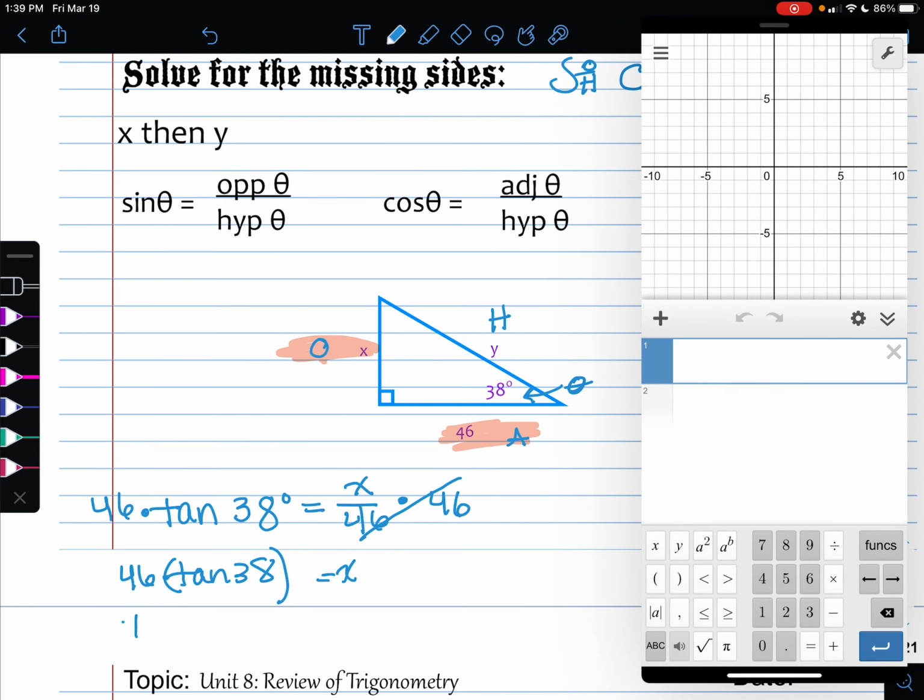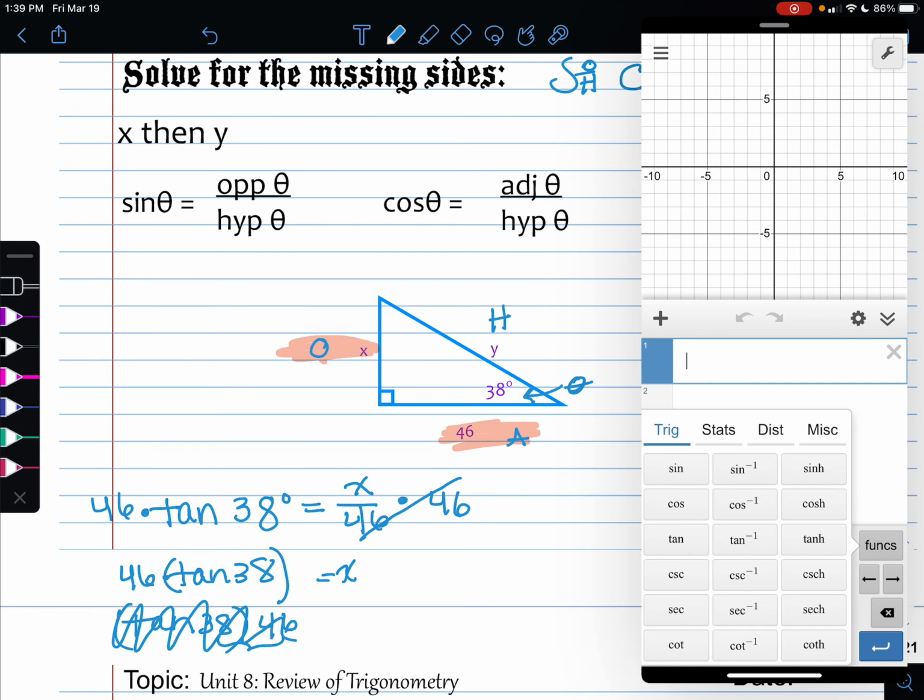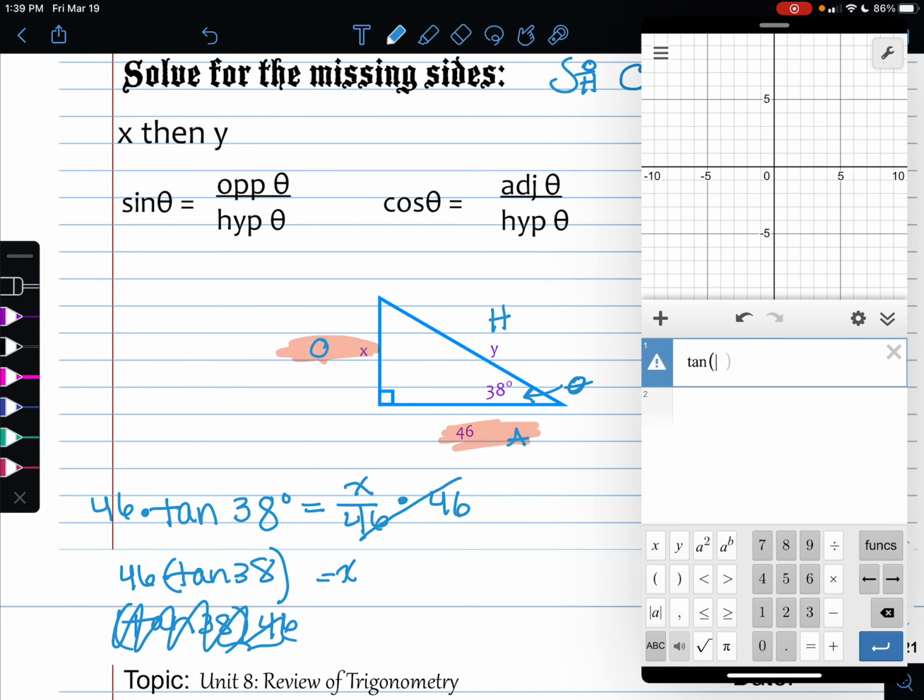I would tell you either use parentheses or type in the 46 first, because if you don't, your calculator may multiply those together. So I recommend not doing it that way. Trig functions, tangent of 38, and I'm going to say 46 times this.